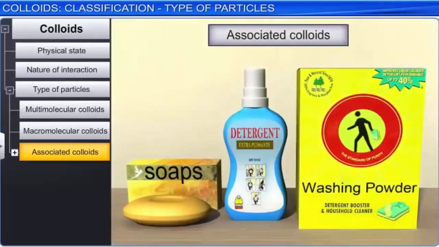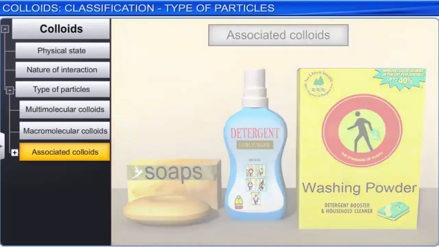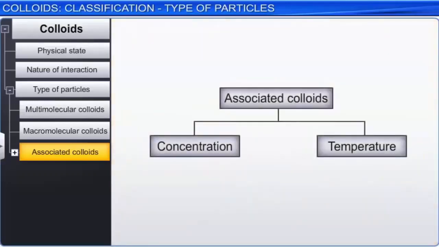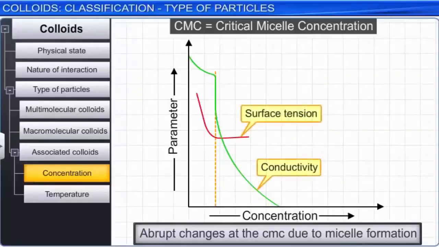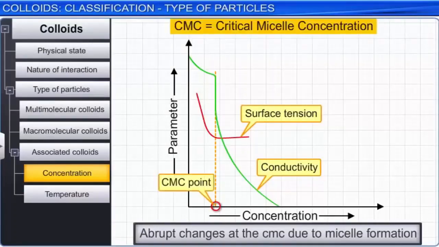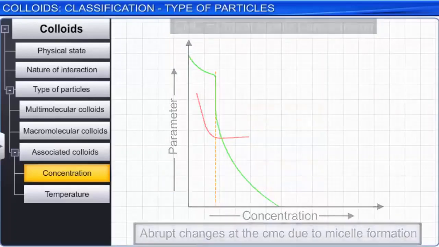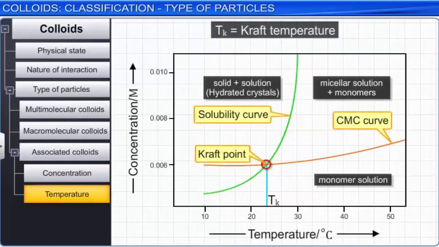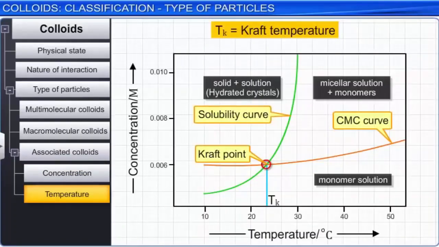The formation of micelle depends upon two factors: the concentration of the dispersed phase and the temperature. The formation of micelle takes place above a certain concentration called critical micelle concentration or CMC, and above a particular temperature known as Kraft temperature or TK.